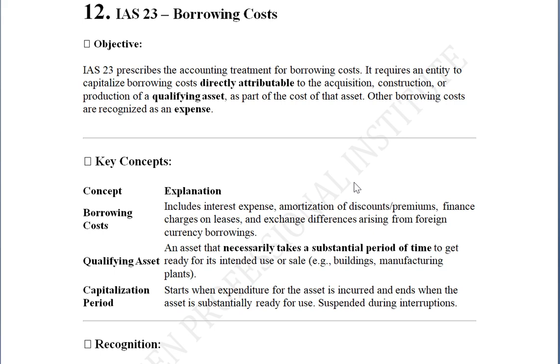Discount and premium arise when you meet certain conditions when you are borrowing a certain amount of money, usually from the finance house. They will tell you that if you are to pay part of the principal amount that you are borrowing, they are going to give you a discount on the interest.